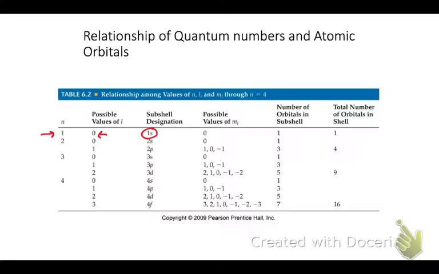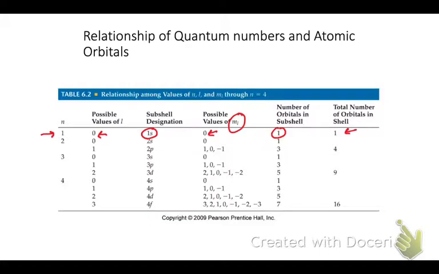The possible values of ml, which is negative L passing 0 all the way to L, will only be 0. So I have one value, which is 0. Therefore, the number of orbitals, because ml values are the number of orbitals: 0 is one value, which means I have one orbital. So the total orbitals in n equals 1 will be 1 orbital.